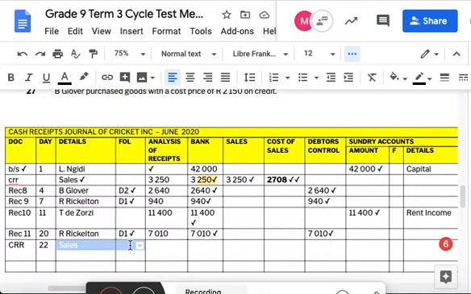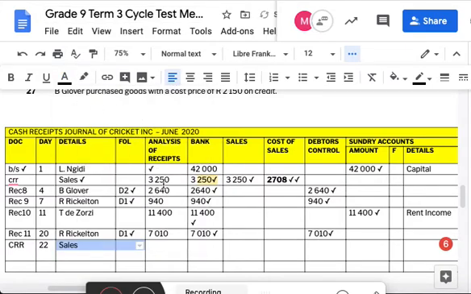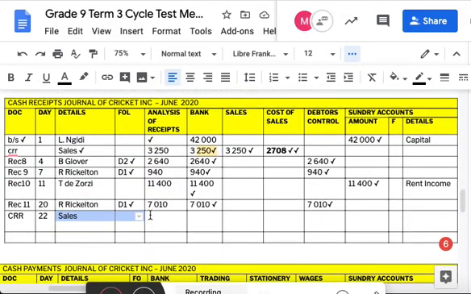Felicity, what is our analysis? It is 3,400 Rand. Cool. What is our bank figure, Felicity? And our sales figure? Okay, 3,400 all the way through.